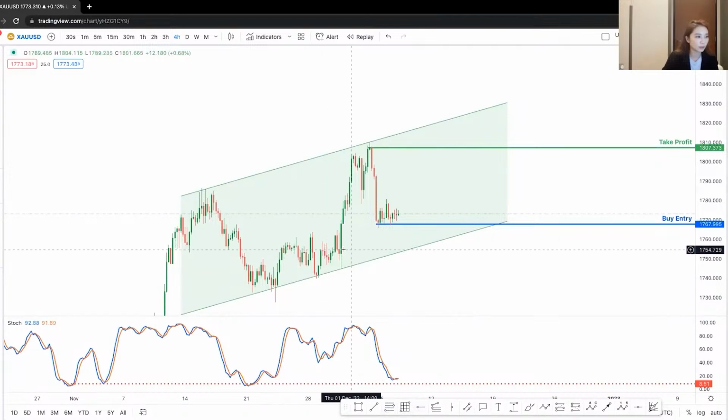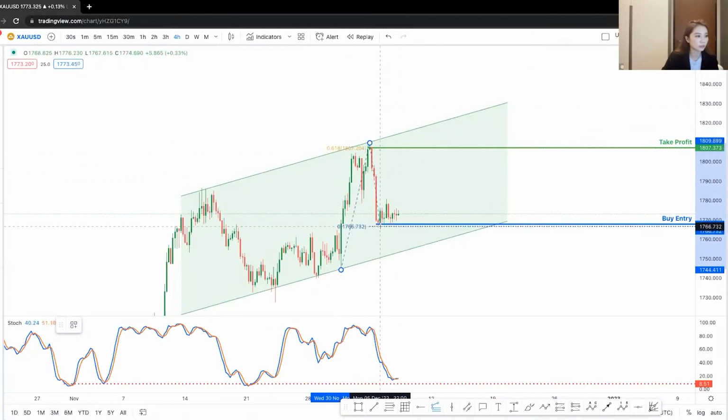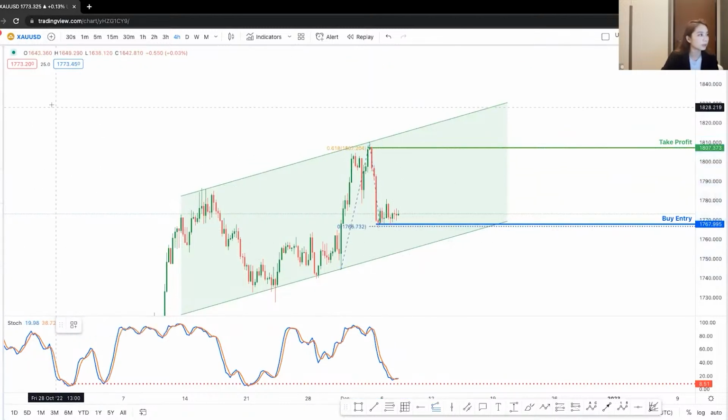And then for this one, I would and could put according to Fibonacci projection for our stop loss.